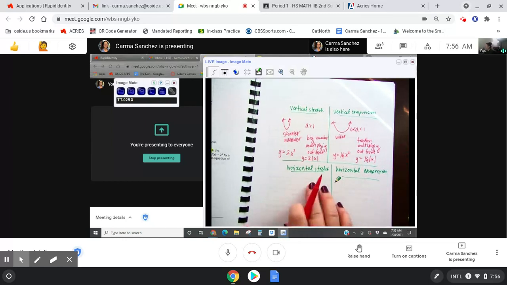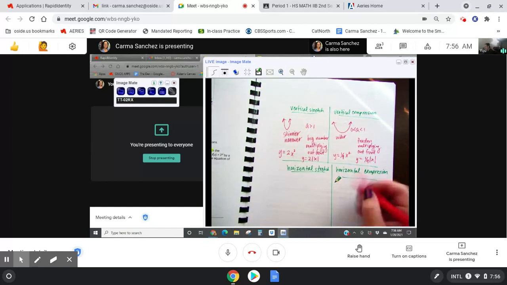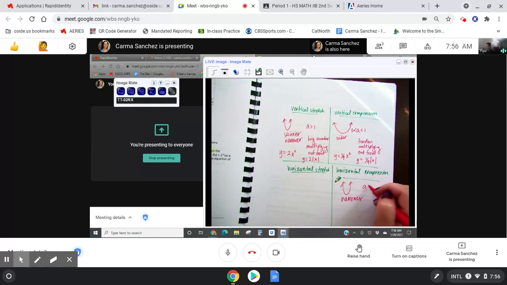Now, what are these horizontal things? They are literally the same way of saying a wider or a narrower graph, but it's the opposite word. Vertical stretch is the same as a horizontal compression. This is my narrower. So these two are the same. My narrower is going to have an A value greater than 1 still.